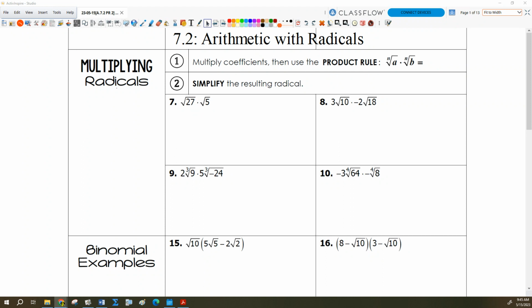What happens if we multiply, let's look at our product rule for exponents. What if I have a to the n times b to the n? How could I rewrite that? Usually we start at this is the answer usually.